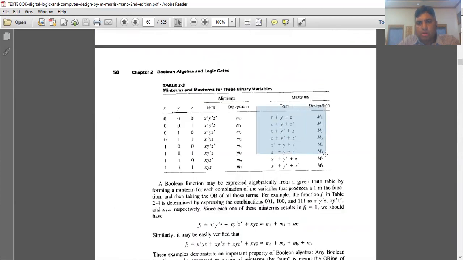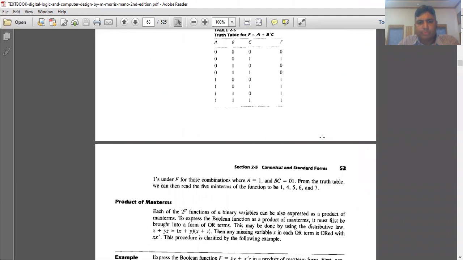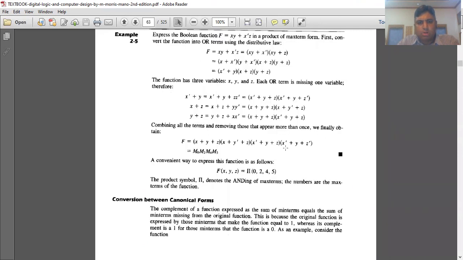Now coming to this table, you will read the maxterm from this table and write the maxterm symbol. These are the symbols. x plus y plus z is denoted by the symbol M0. Reading these terms here, the first term is M0, the second term is M2, the third term is M4, and the fourth term is M5.